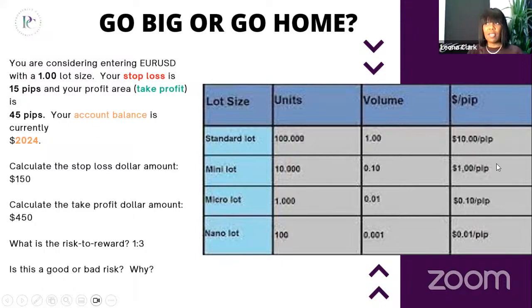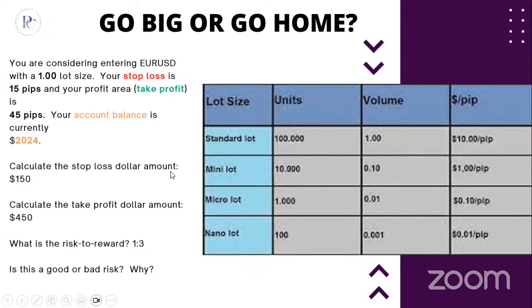Type in the chat if you're watching live, or in the comments if you're watching the replay, what number you came up with for the stop loss dollar amount and the take profit dollar amount. I'm going to give y'all a second.